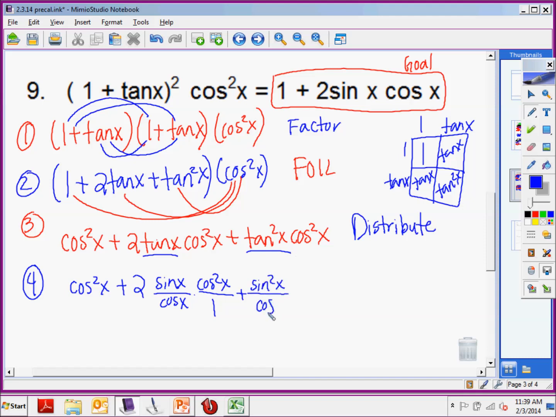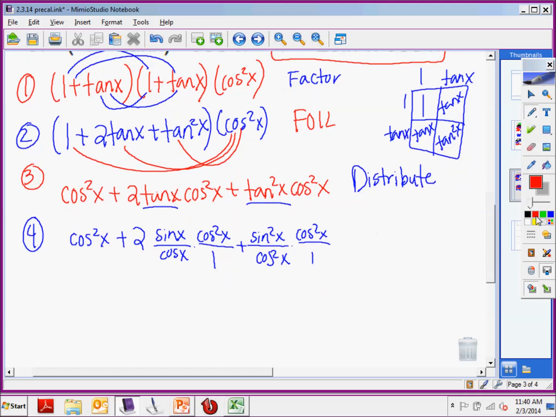Why did I square my sine and cosine? Because tan is squared. There we go. All right. What made it possible for tan to change into this? Not reciprocal. Oh, ratio. The ratio identity made it possible for tan to become this.